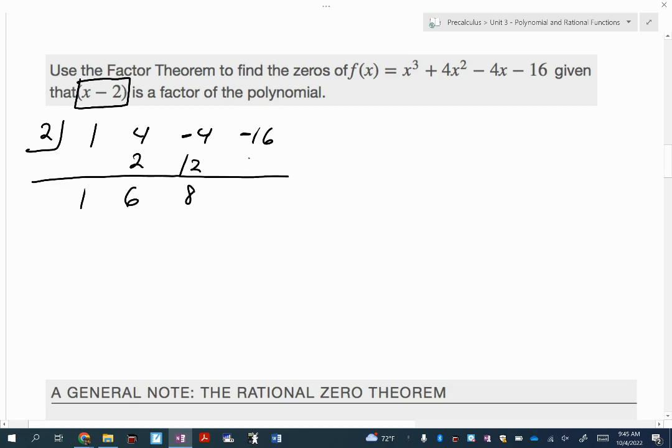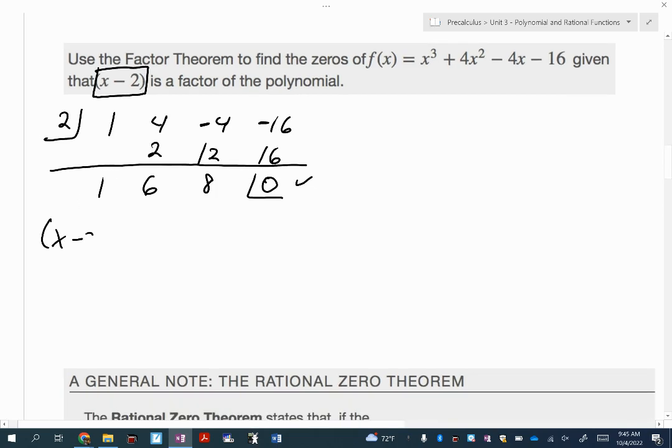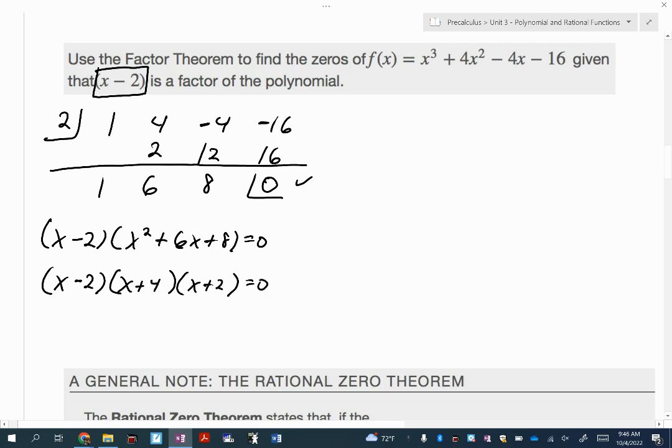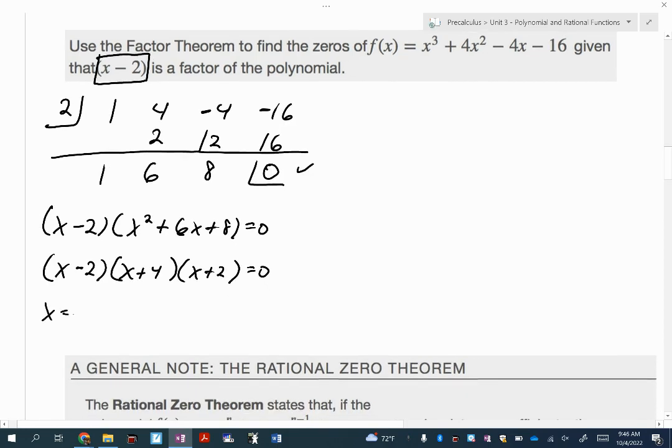You get 8. 8 times 2 is 16. Bingo. We get 0. So I have x minus 2 times x squared plus 6x plus 8. I think we can factor that again. Factors of 8 that add to 6, it's going to be x plus 4 and x plus 2. So we end up getting x equals 2, -4, and -2.